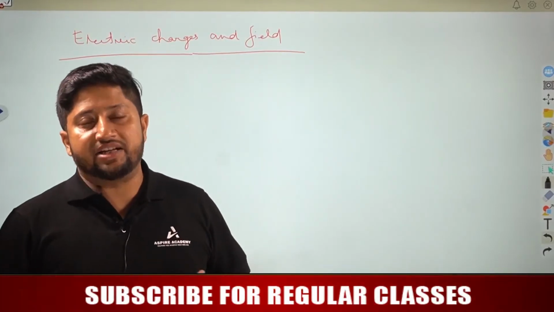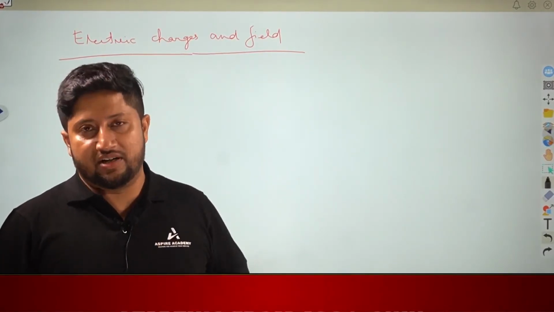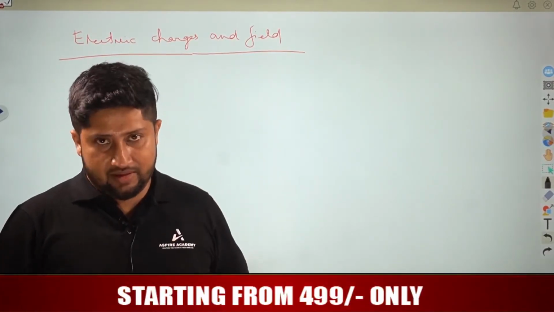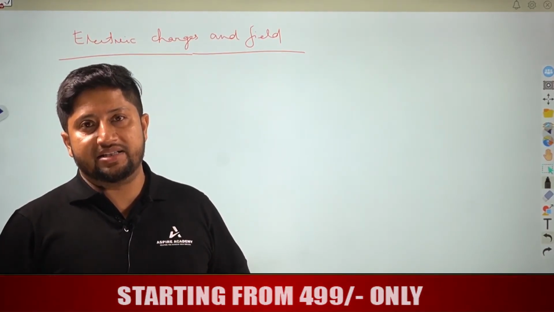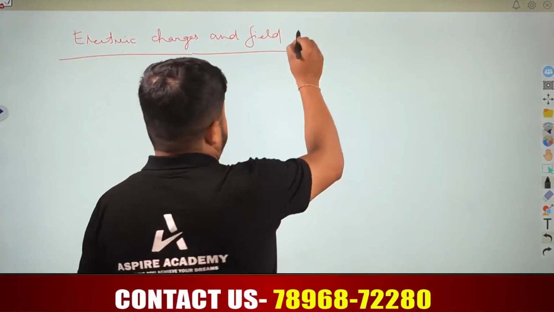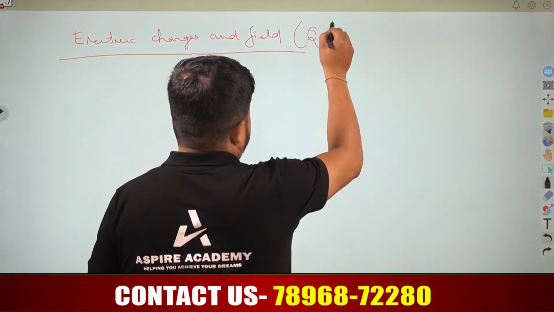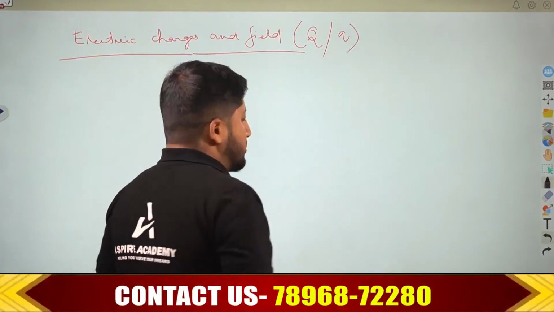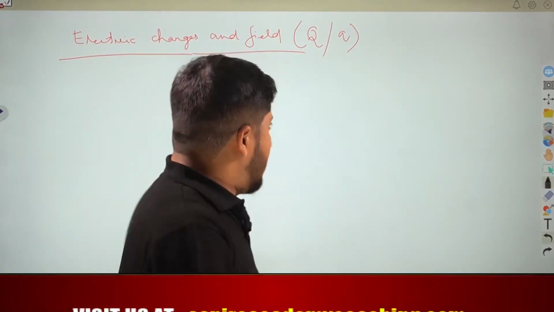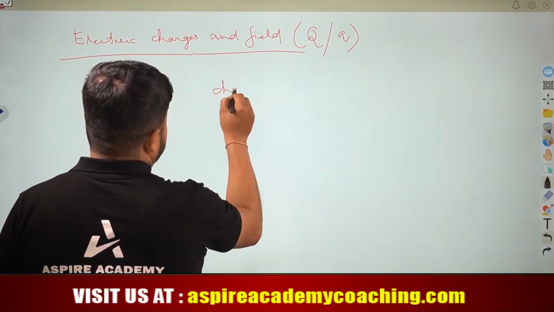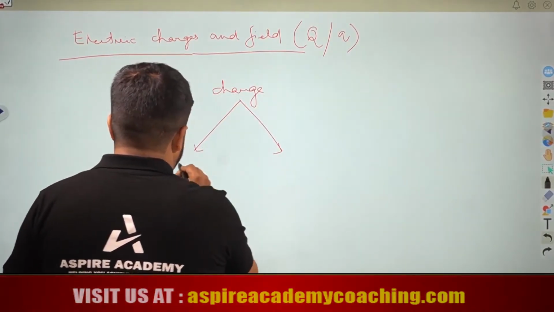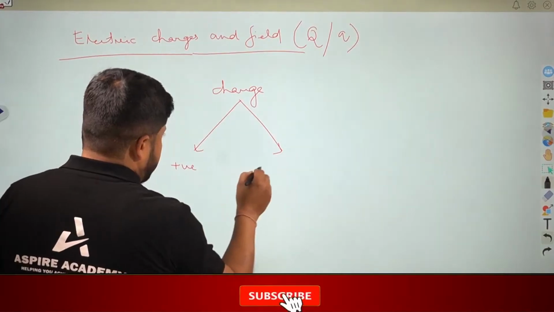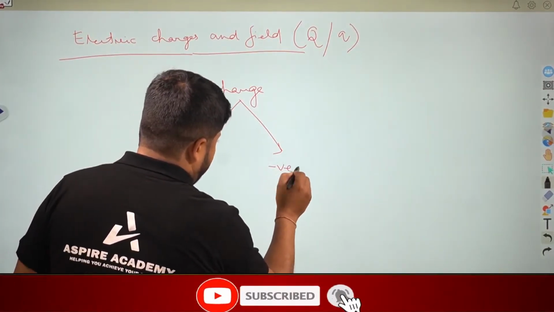So what is electric charge? It is an intrinsic property of matter. Electric charge is denoted by small letter q or capital letter Q. Electric charge is of two types: positive charge and negative charge.